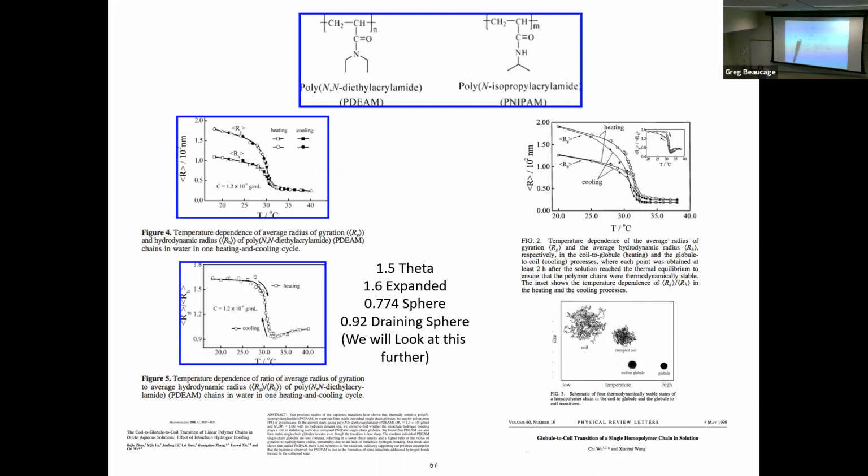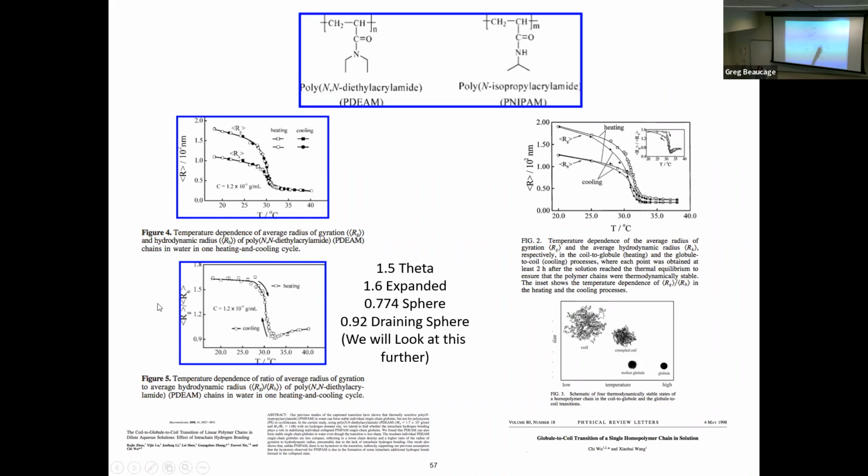If it is a sphere, RH is the radius of the sphere, right? So Rg over RH would be the square root of that thing, the square root of 3/5. So Rg over RH would be the square root of 0.6, which I guess gives you 0.774 if you do it.